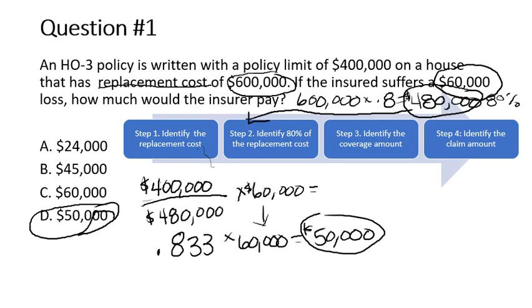Because the insured was not insured for at least $480,000, he's not going to get $60,000 paid off that partial claim. That's why we did the coinsurance formula. Instead of getting $60,000 paid to pay off the claim, he's going to get $50,000.